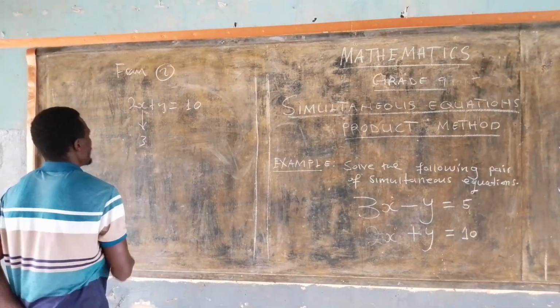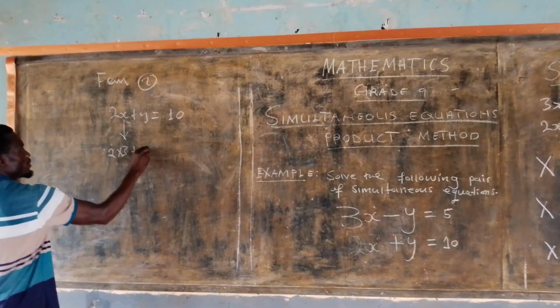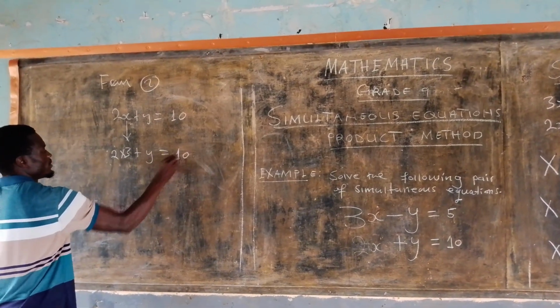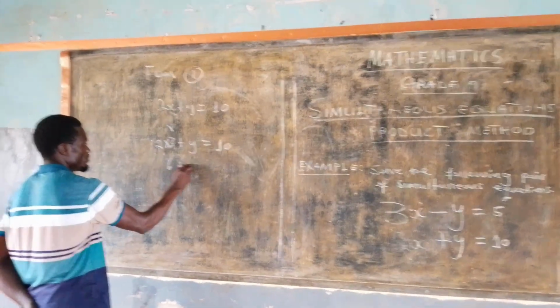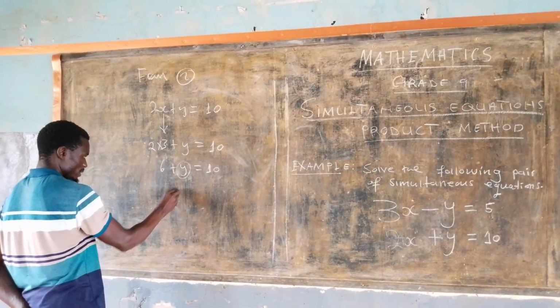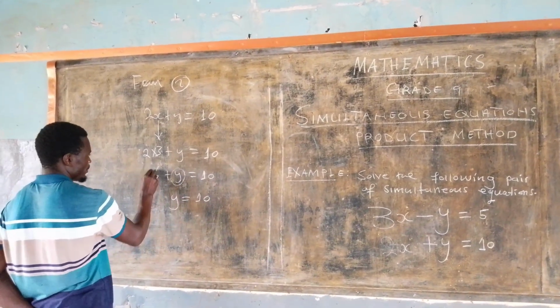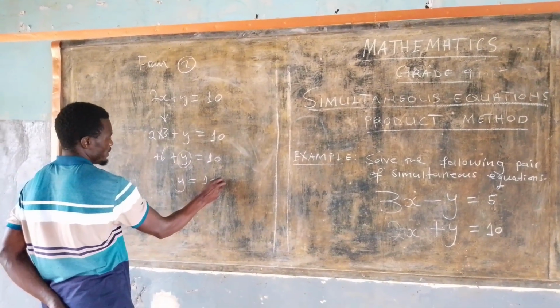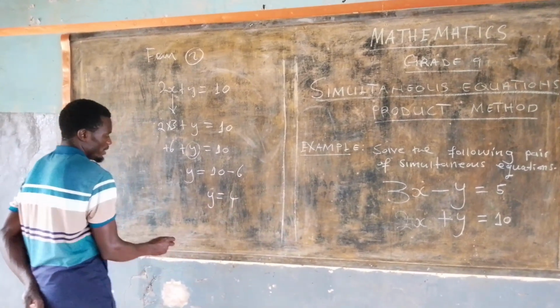And we know our x is 3. So the coefficient 2 times 3 plus y is equal to 10. What is 2 times 3? 6. So 6 plus y is equal to 10. We collect the like terms, so y remains in here, 10. The additive inverse of positive 6 is negative 6. So our y is equal to 4.